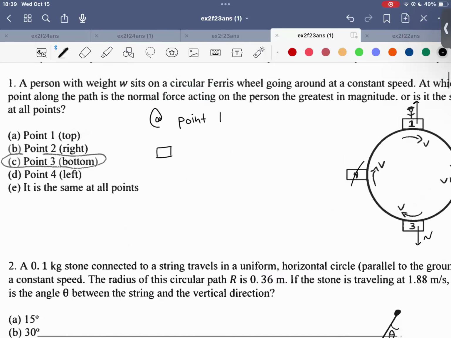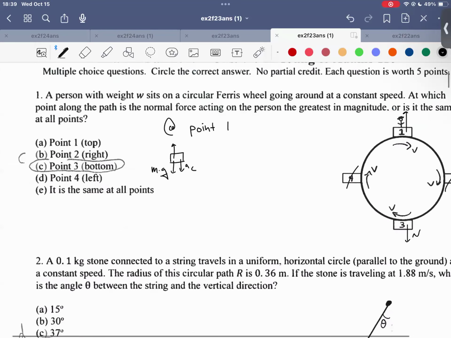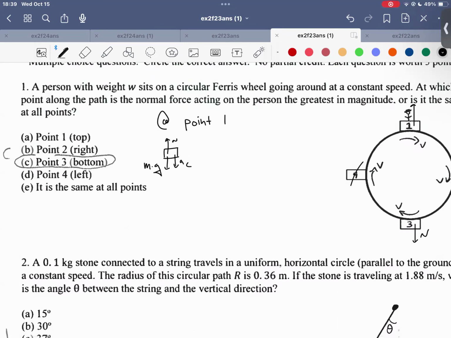Yes, normal force points up, and we're given this. In contrast, at point 2, we're told normal force and mass times gravity and centripetal acceleration. This one's a little counterintuitive, because at first you might think the greatest normal force is going to be here.